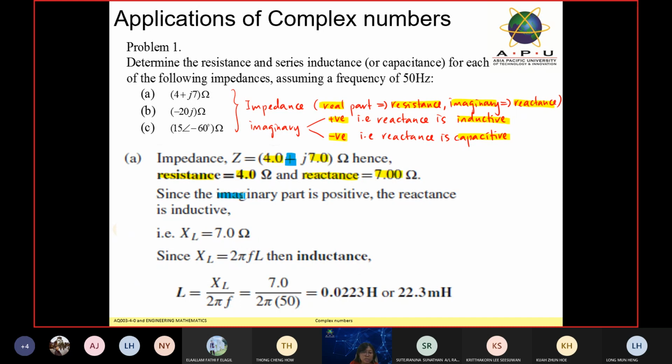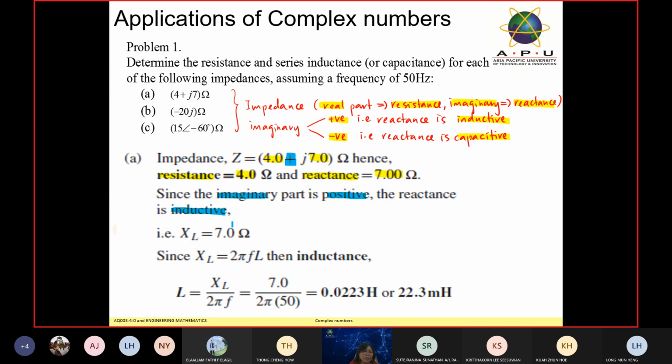So when the imaginary part is positive, the reactance is inductive.